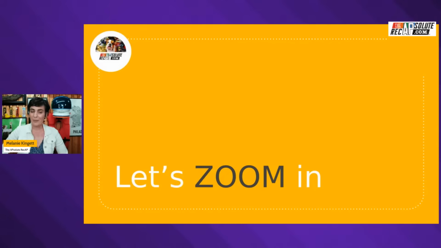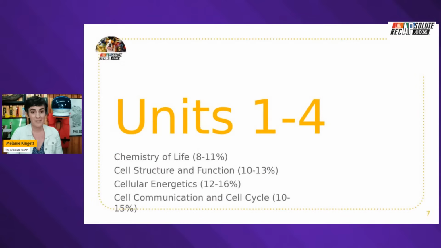All right, here we go. Let's zoom in. One of the biggest phrases we use on the podcast: getting down to those details. We're going to cover units 1 through 4 tonight, and I specifically have the percentage breakdown that the CED, the course exam description, has for each of those units.